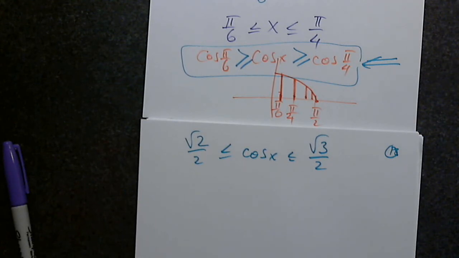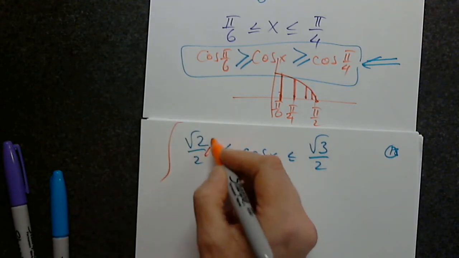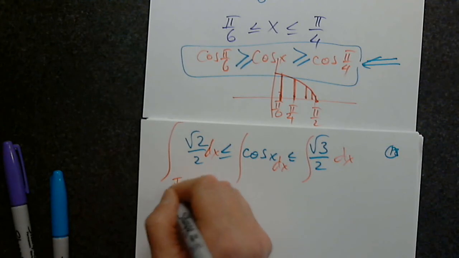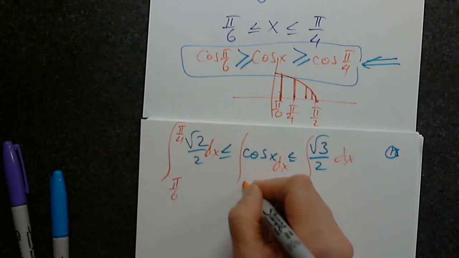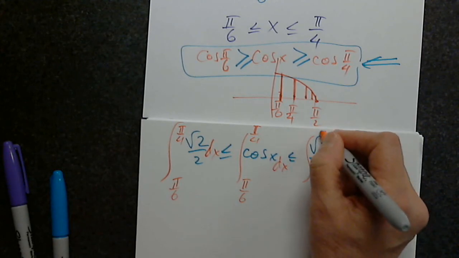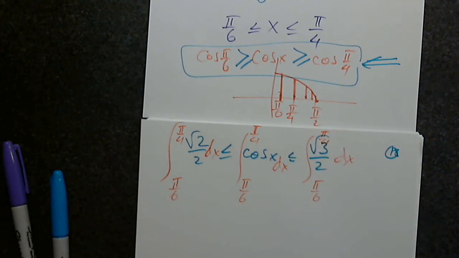By that I mean the integral dx, of course, from pi over 6 to pi over 4, all of them. That's the integral, that's where we are looking. The middle one is done. I don't have to do anything. It's what I needed to have in the middle.